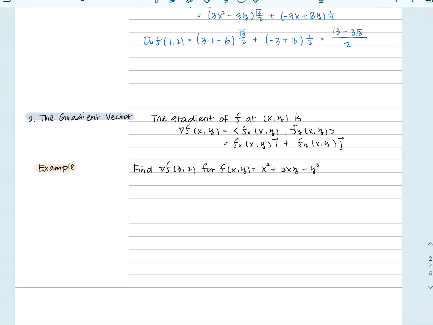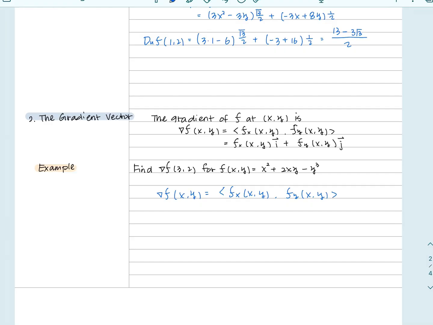For example, if the function is x squared plus 2xy minus y cubed, then what is the gradient? We use the notation delta f, and we call this one del f, or you can say gradient of f. So del f is equal to (f_x, f_y).